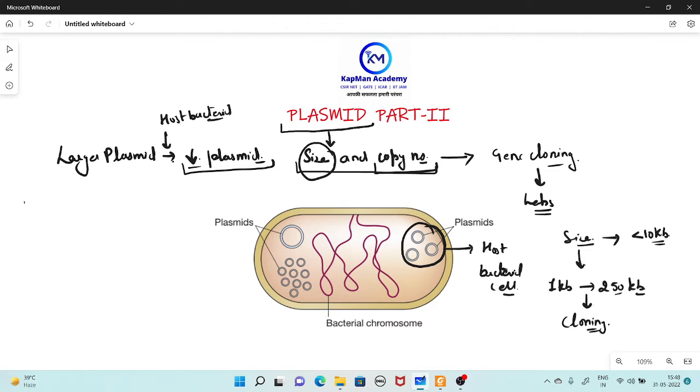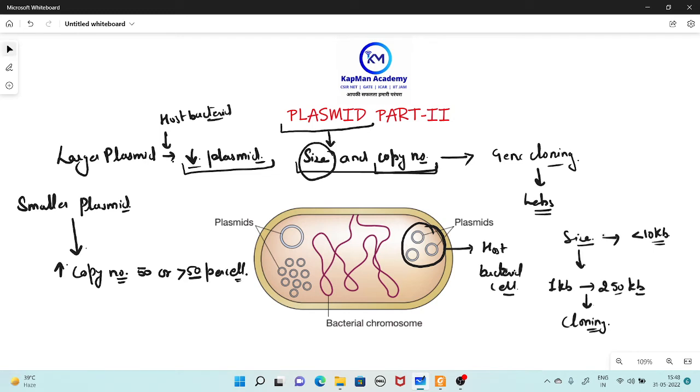And in case of the smaller plasmids, the bacterial cell which contains them actually has more copies, or you can say a higher copy number of the plasmids. It could be 50 or more than 50 plasmid DNA molecules per cell, right?